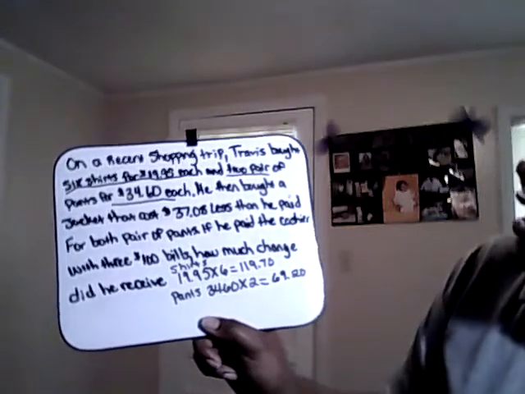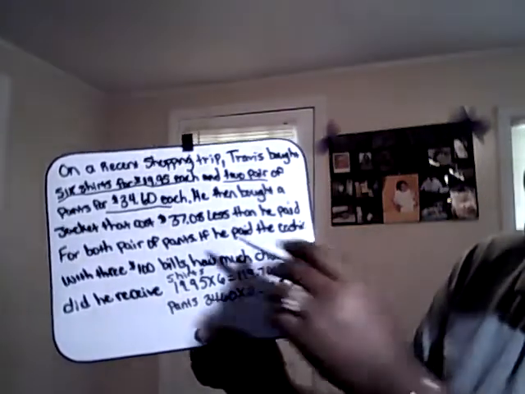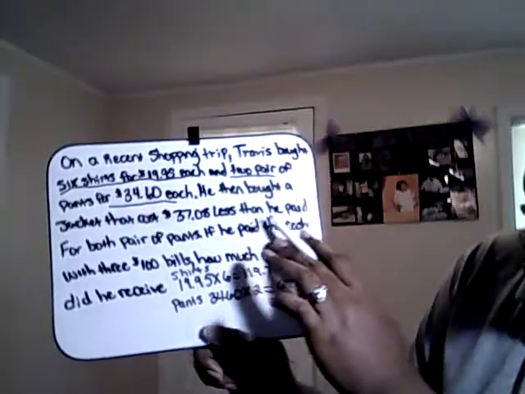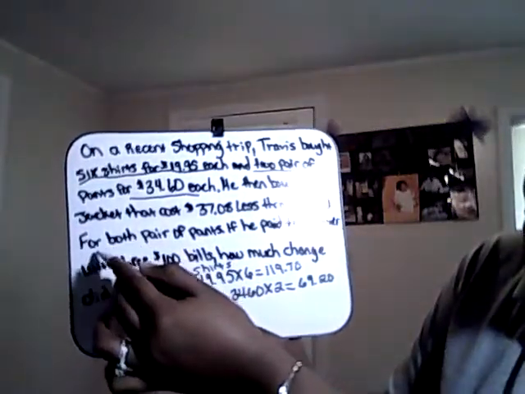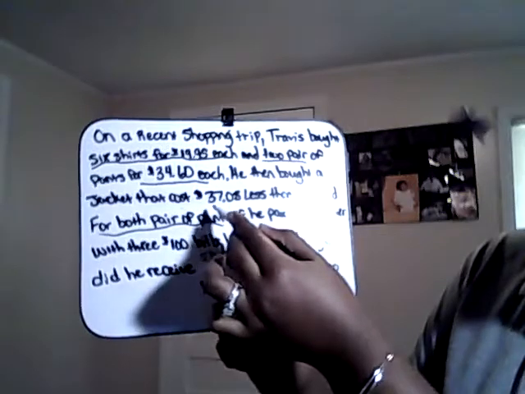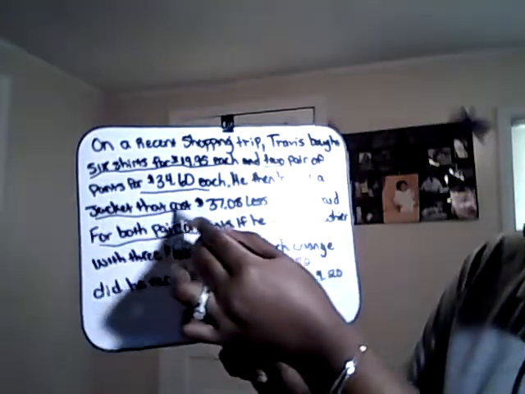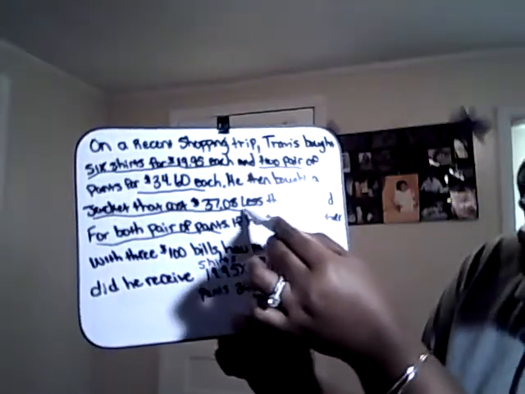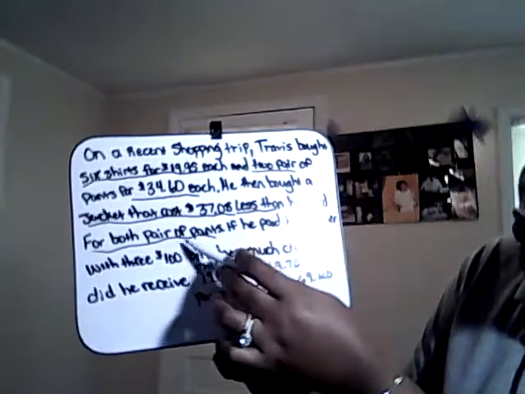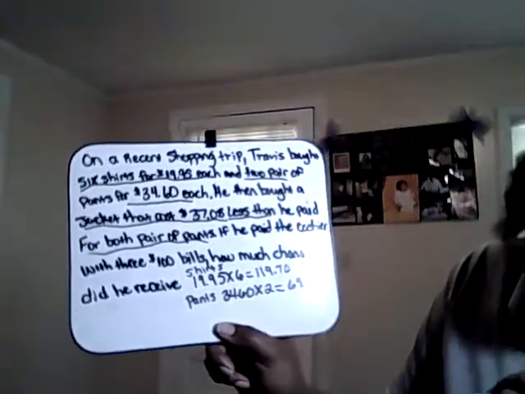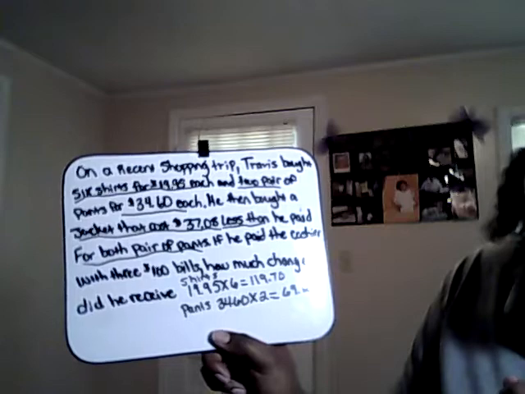So it says he then bought a jacket that cost $37.08 less than he paid for both pair of pants. So we have to figure out now how much this jacket costs. So it's less than the amount he paid for the pants. So that less than means we're going to subtract.